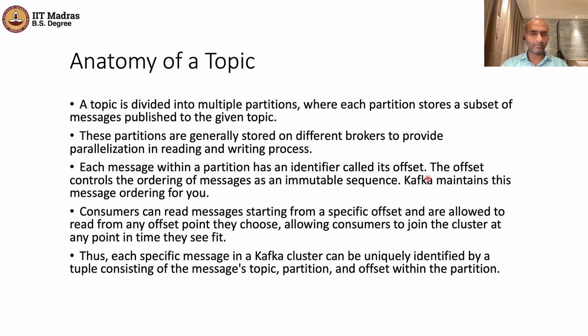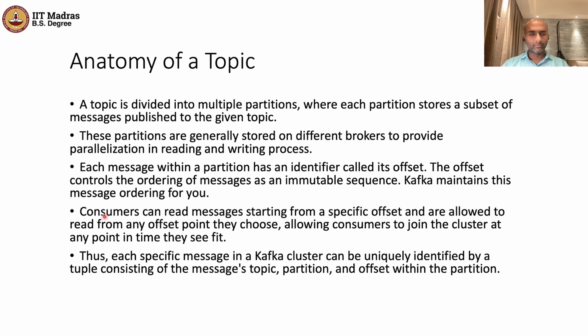Across partitions, the ordering is not obeyed because these potentially reside on different machines, and I don't want to create sequential dependencies between them. I want to be able to parallelize my read. So across partitions there is no guarantee, but within a partition, the messages are guaranteed to be in the order in which they were produced and given to Kafka.